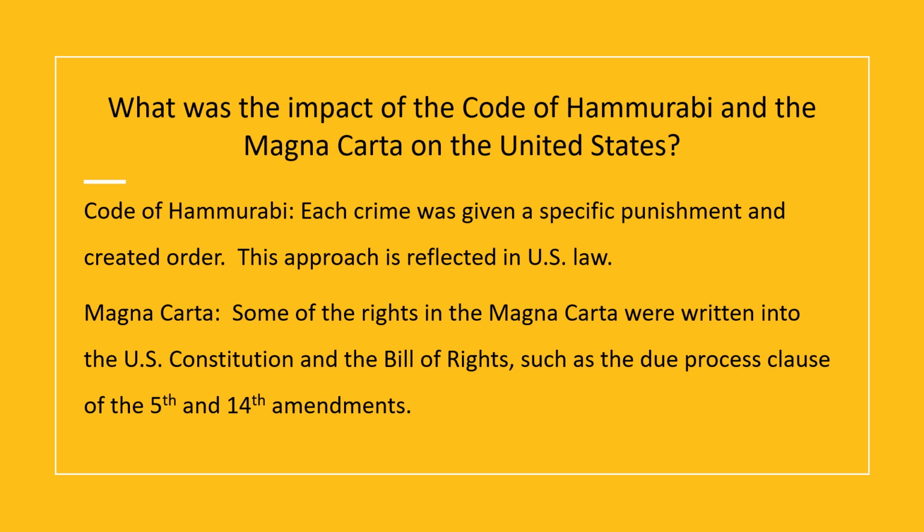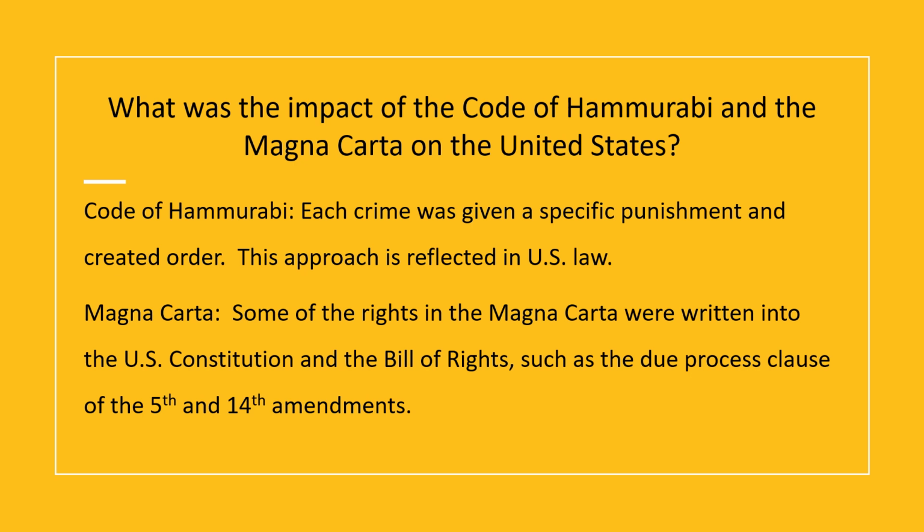And considering that both of these documents were hundreds, if not thousands of years before the United States was established, it's a really important question to see how these older law codes had an impact on the U.S. when it formed itself in the 1770s and has continued to form itself with the U.S. Constitution, as well as the amendments to the Constitution that have come since then, many of which deal with people who are accused of committing crimes.